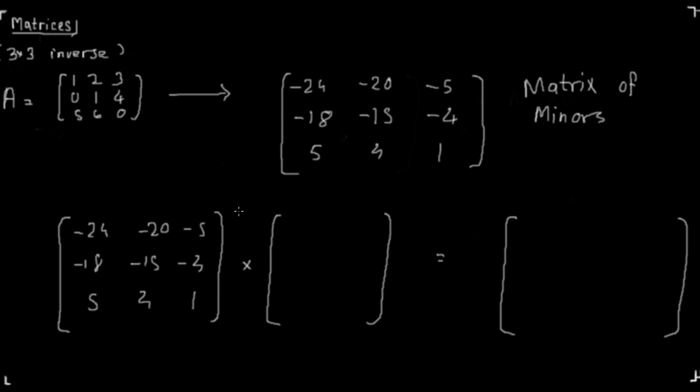So what we're going to do now is find the matrix of cofactors. And this is not going to take as long as what we did before. Since it's a 3 by 3, we're going to draw a checkerboard.